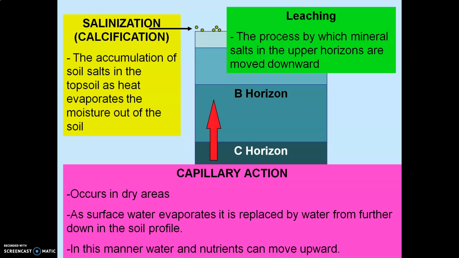If the B horizon is still quite porous as well, it will go down even further. So depending on the composition of the horizons, water, minerals, and soil salts can move downward. So if it's poor quality soil, you will see that it moves down very quickly. Okay, so the downward movement of water, minerals, and soil salts is called leaching.